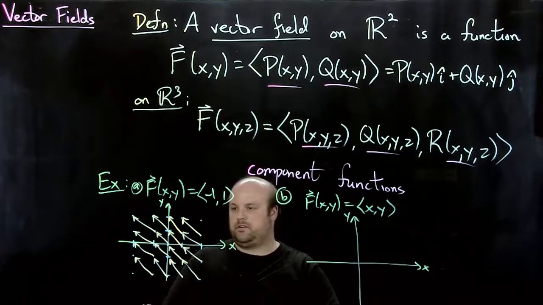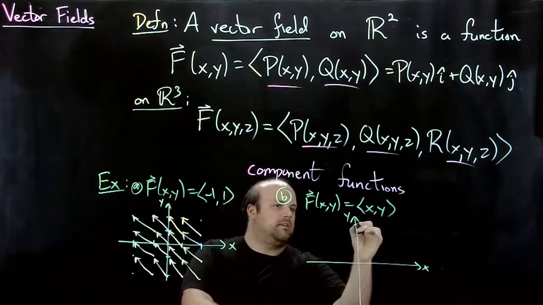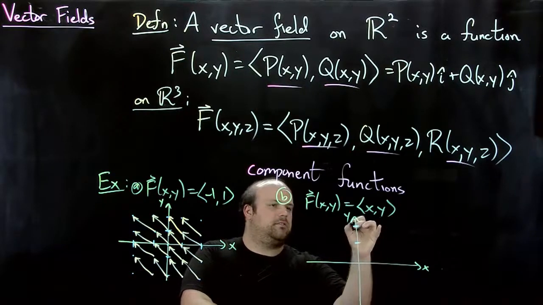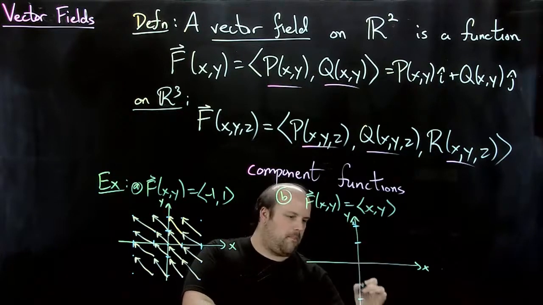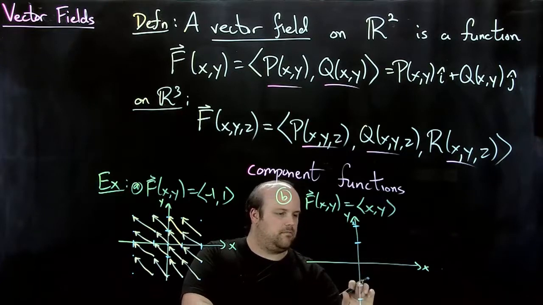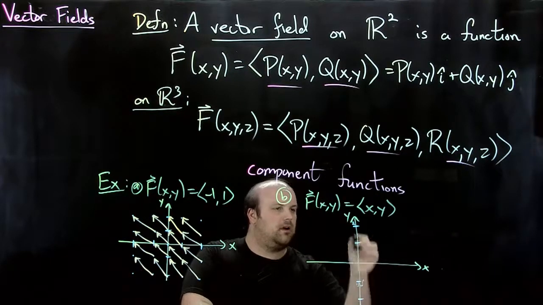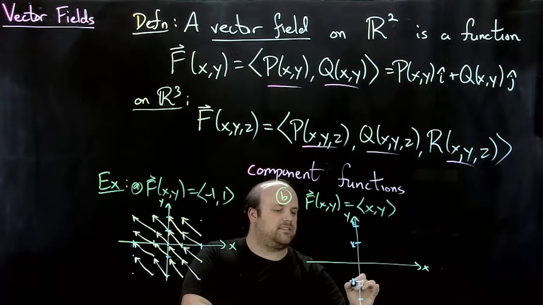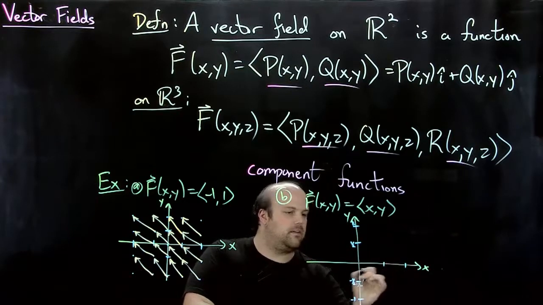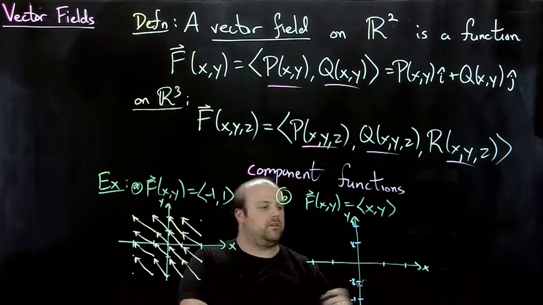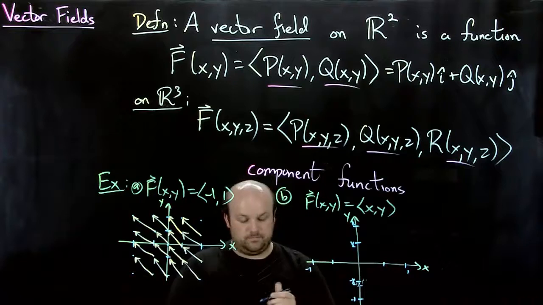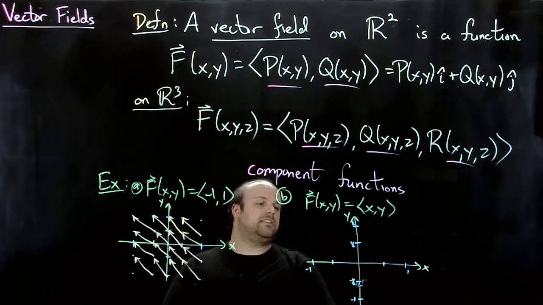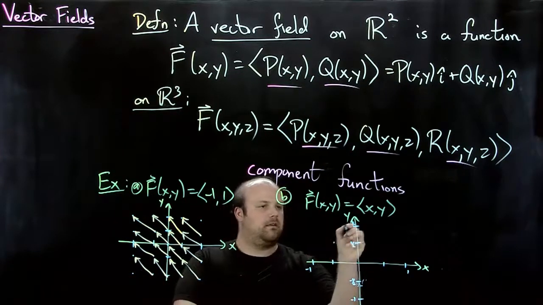So it's going to say this is 2 up here, or I'd say this is 1, this is a half, this is minus a half, and this is minus 1. And we'll do the same sort of scaling here. Right? So 1 and minus 1. All right. So what do these vectors look like?